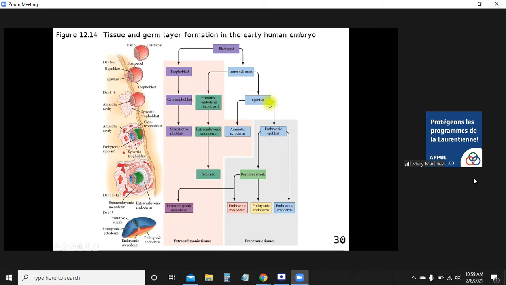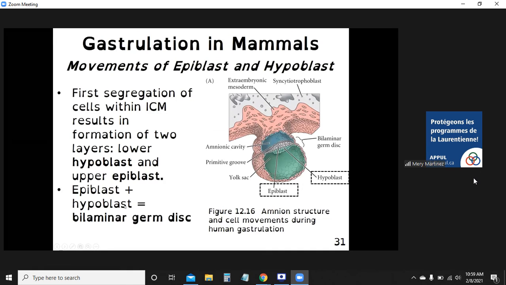Okay. That epiblast will become the embryonic epiblast, and we're going to have the 3 germ layers from that primitive streak. And we're going to have some of the extraembryonic elements, not all of them. On the other hand, we have also some of these membranes that are going to be forming, as we explained before.